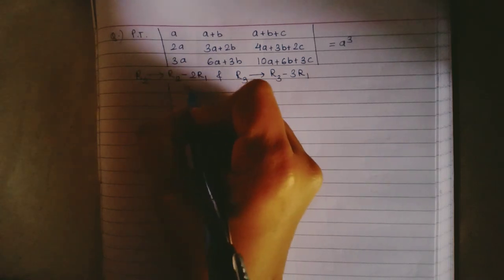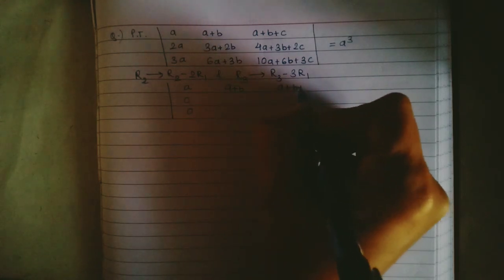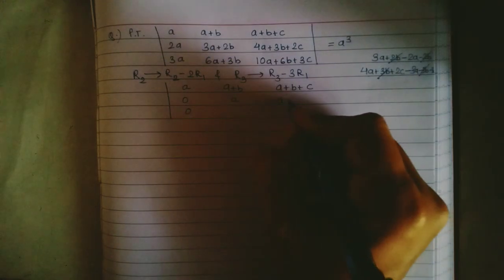So I'll get A, 0, 0, then A plus B, A plus B plus C. This will be 3A plus 2B minus 2A minus 2B, so I'll get 3A minus 2A, that is A. Then here it will be 4A plus 3B plus 2C minus 3A minus 3B minus 3C.